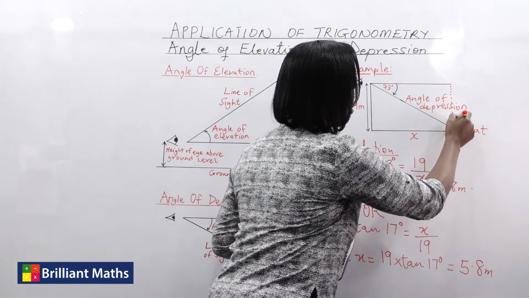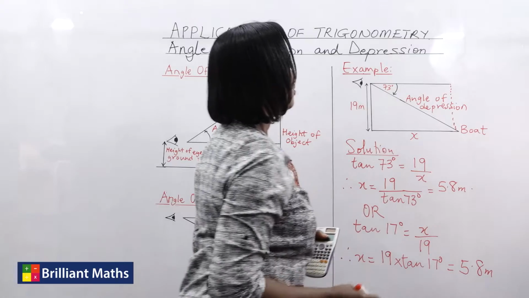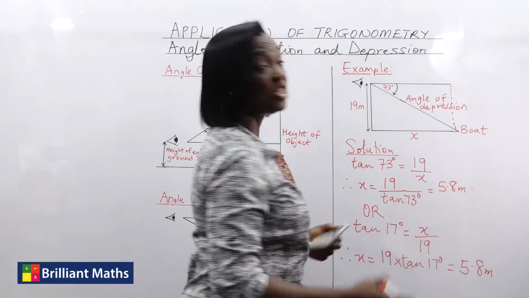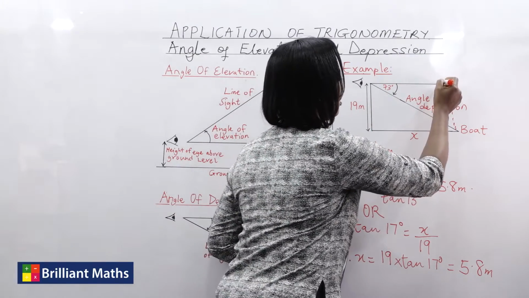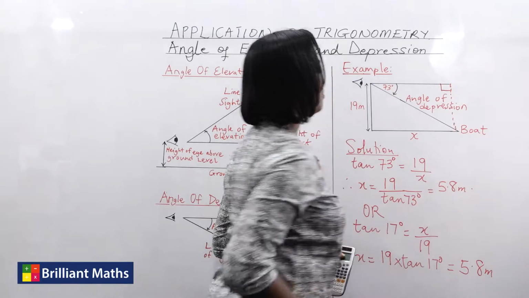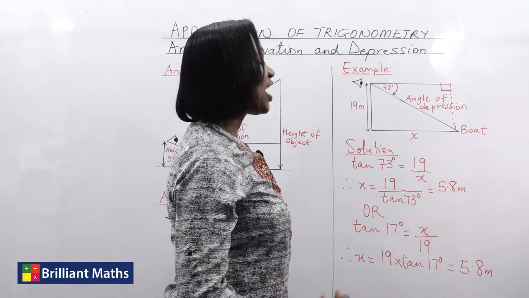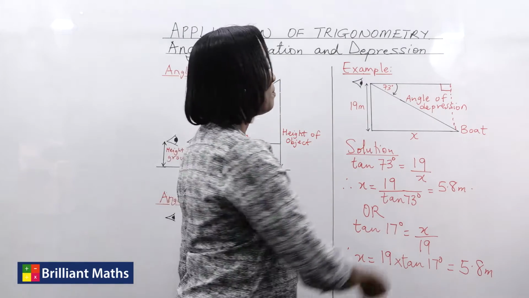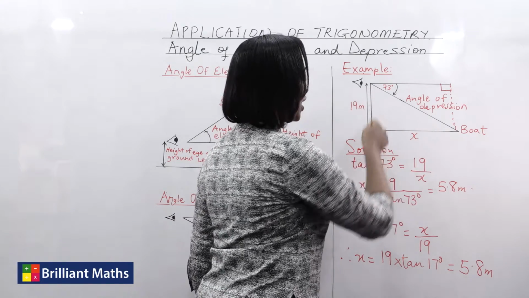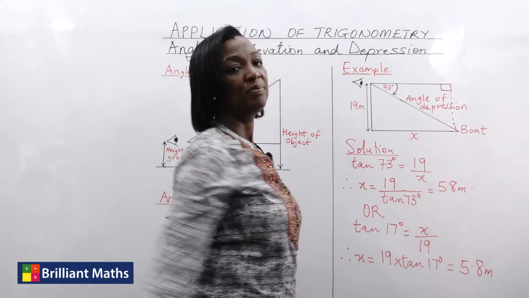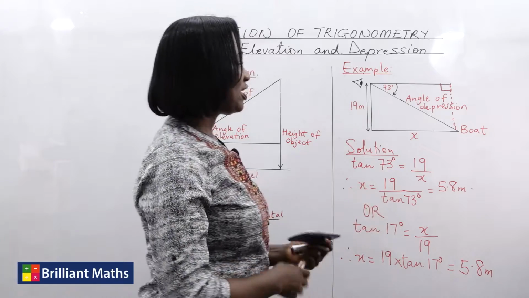There are two ways you can do this. It's a right angle triangle. So there's a right angle there. We want to calculate the distance between the base of the cliff and the boat. It's either of two things.